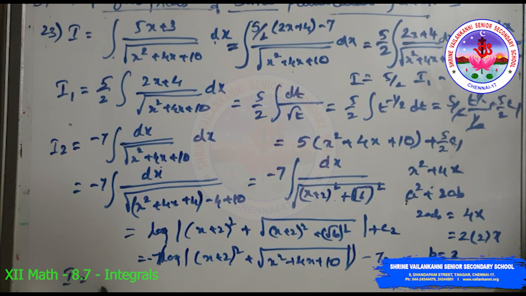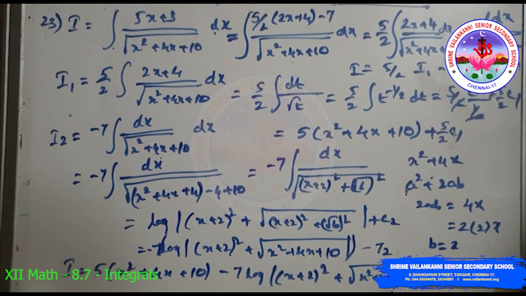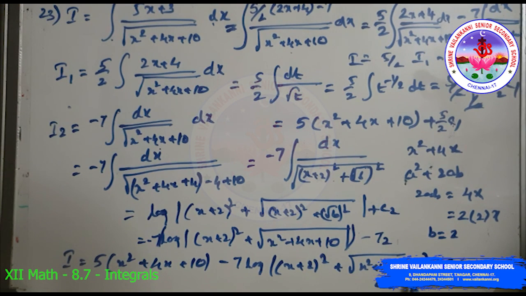We get I equal to 5 into root of x square plus 4x plus 10 minus 7 log of (x plus 2) plus root of x square plus 4x plus 10, plus c, where c is 5 by 2 c1 minus 7 c2.